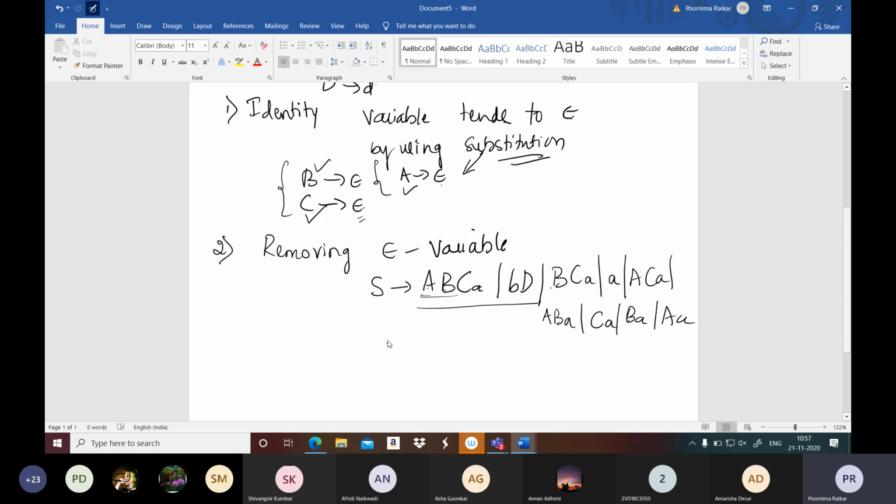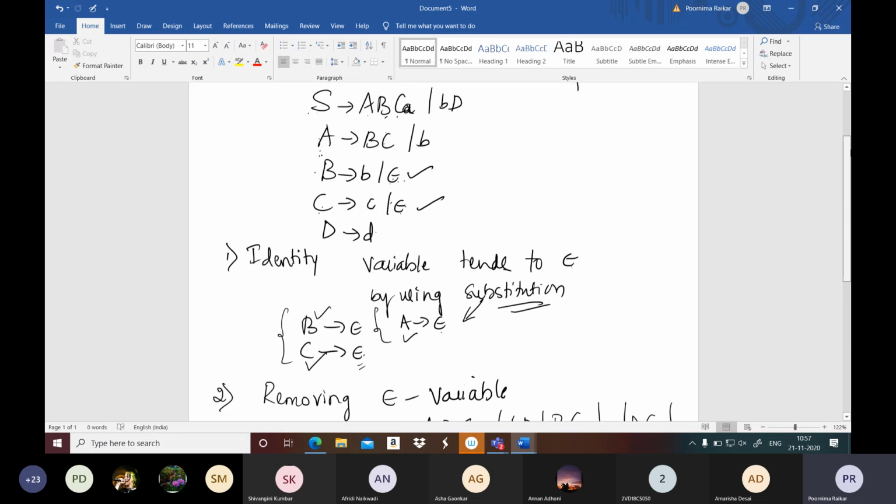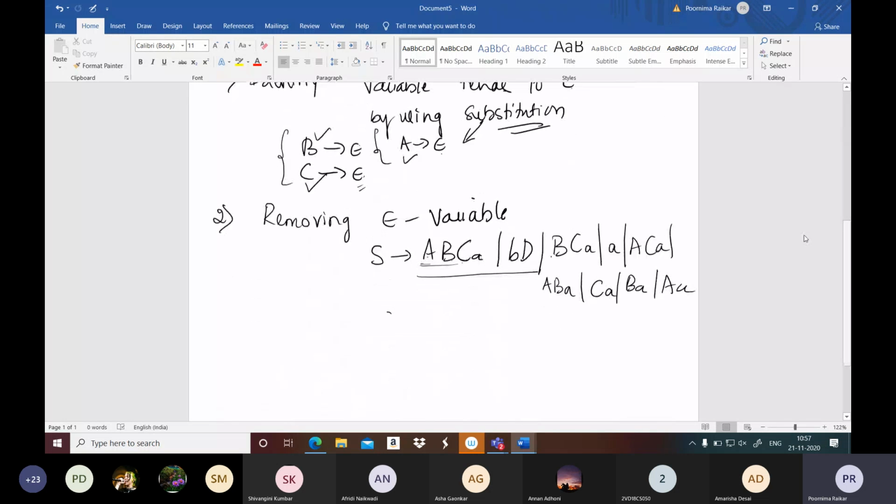Next, again, I'll check with the next one. So what is the next rule they have given? A with BC, B. So again, A with BC, I'll keep this original one and then again I'll substitute once B with epsilon, I got C. Another I'll substitute with C epsilon, I'll get B. So this is the rule I got by substituting epsilon.